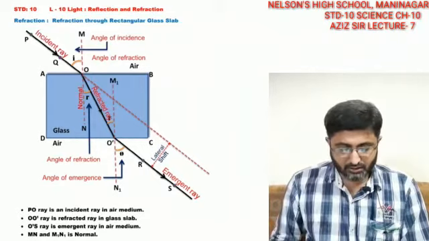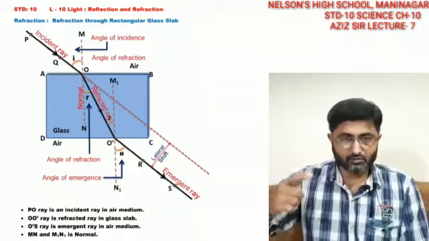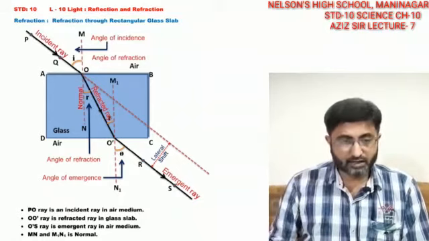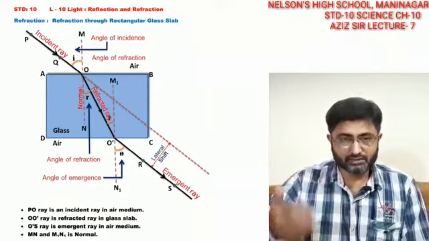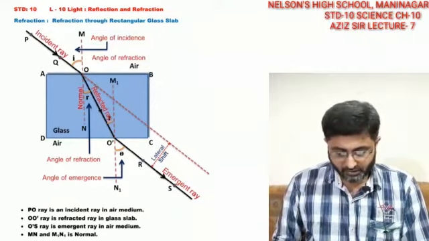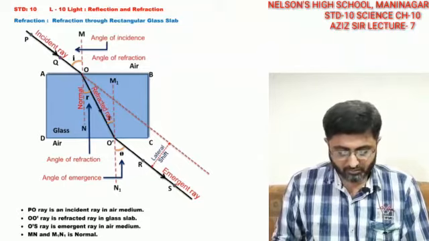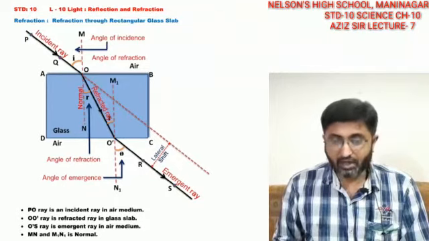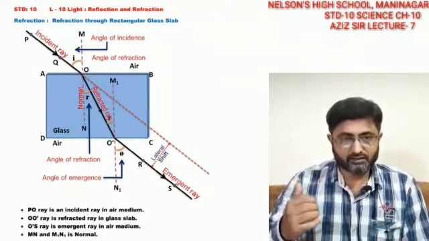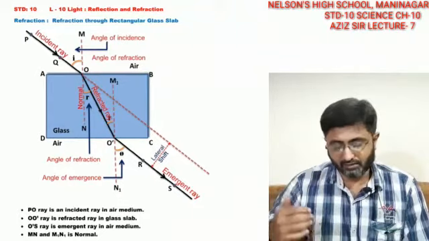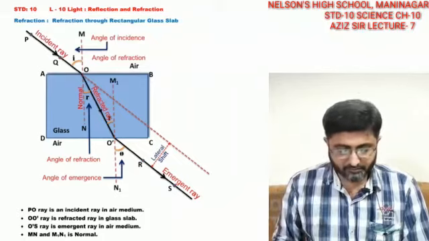After striking the glass, it travels inside the glass along O and O dash, and after that strikes another surface, which is a partition between glass and air again, and it bends again and comes out from there, that is O dash and S, or RS, as an emergent ray. So first it is an incident ray, then a refracted ray, and the one coming out is an emergent ray.